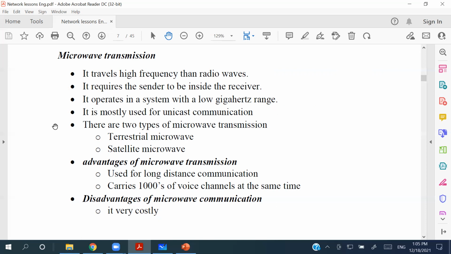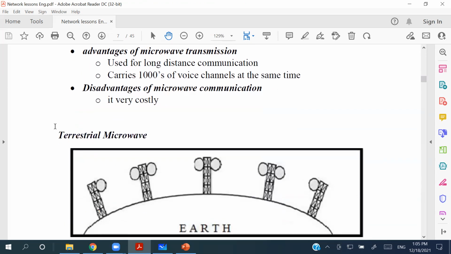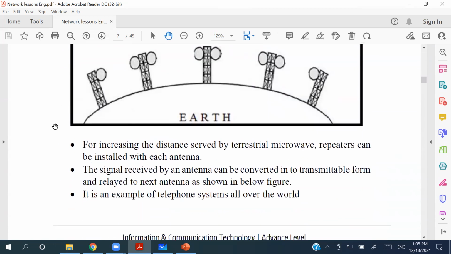So here we have to talk about the advantages of microwave transmissions. And before that, there are two types of microwaves, which is terrestrial, and the satellite. Terrestrial means the communication happens from one Earth station to another Earth station, right? So it is on the surface of Earth, right? But satellite, it's a different story, right? So this is a terrestrial sketch.